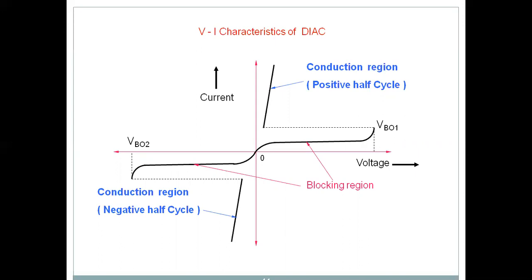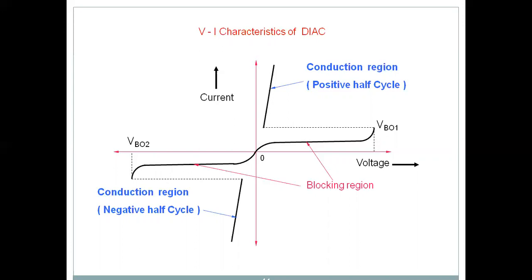When the voltage exceeds VBO1, it starts conducting and current becomes very large. As the current increases, the voltage drop across the diac decreases. Hence, it exhibits negative resistance characteristics. Thus, the characteristics lie in the first quadrant.